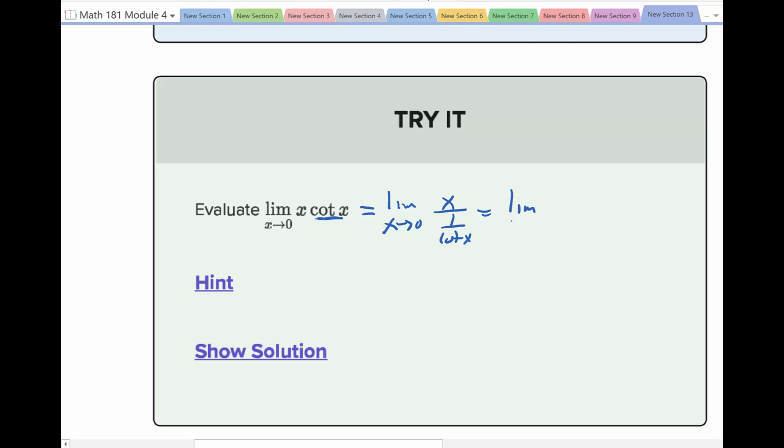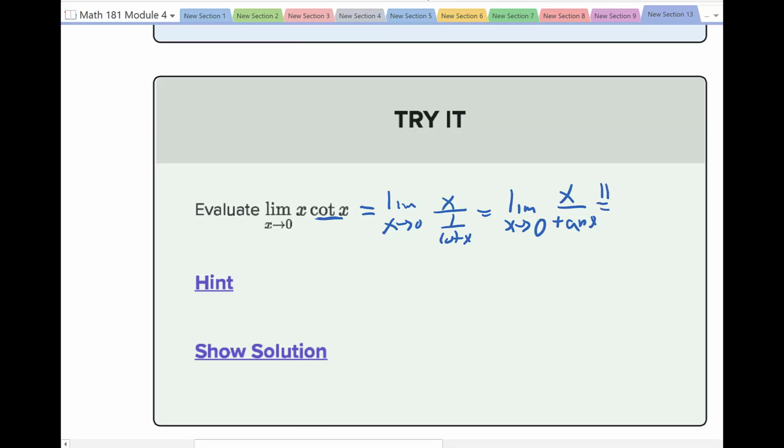And 1 over cotangent of x, everyone, what is it going to be? You're right, tangent x. So as we apply the 0, we would have a 0 over 0 situation.